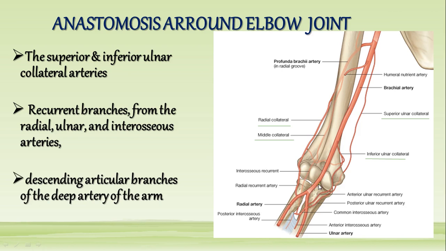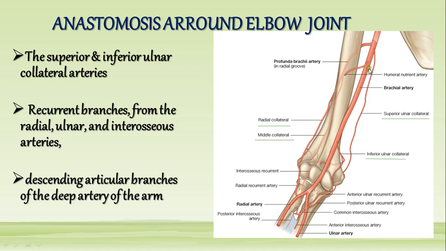Okay. So before we go to the anastomosis, we should know the vessels which are present in the arm. Now look carefully at the figure. This is the brachial artery which runs downward in the arm, and it divides into the radial artery and the ulnar artery.